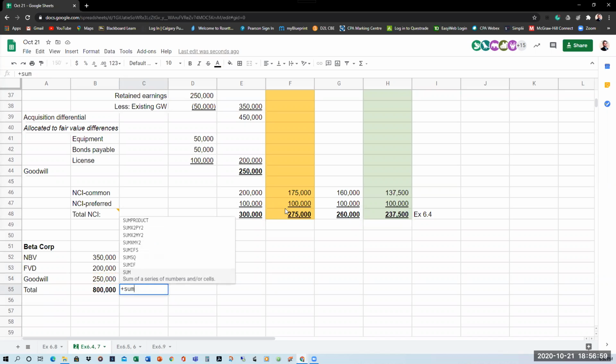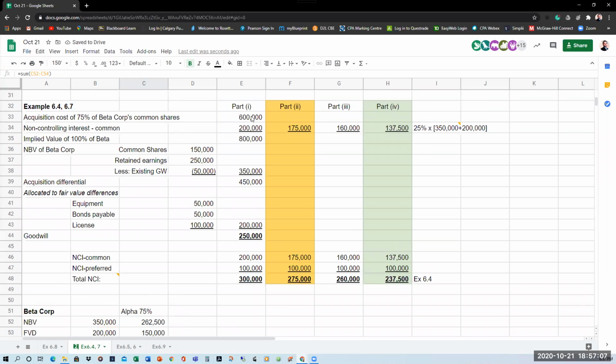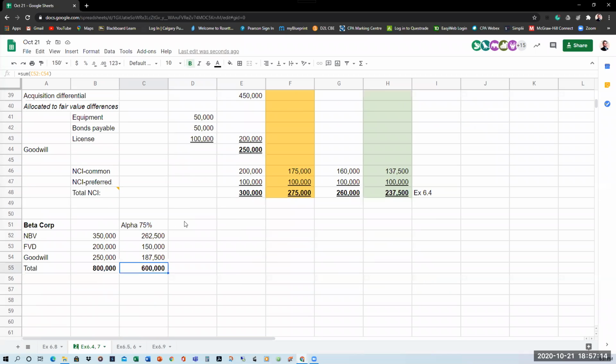So if you add up Alpha's portion, you get 600,000. Remember, the acquisition cost for the parent is 600,000. So when Alpha paid $600,000 for the 75%, this is what Alpha got. Alpha got net book value 262,500, fair value differences 150,000, and goodwill 187,500.